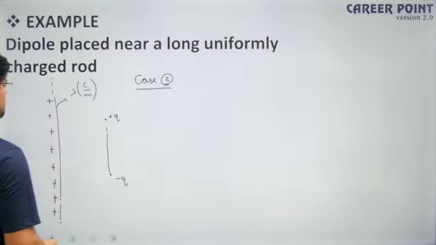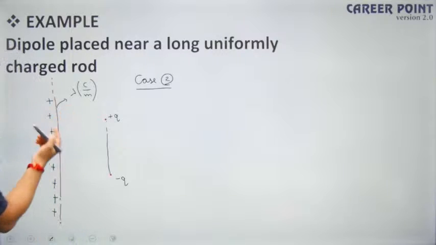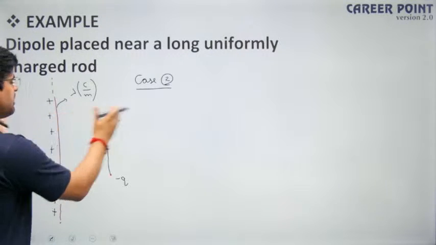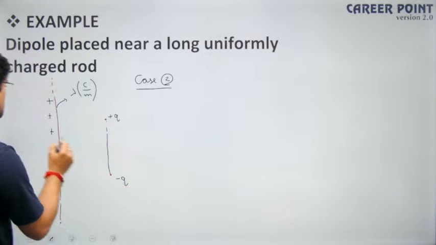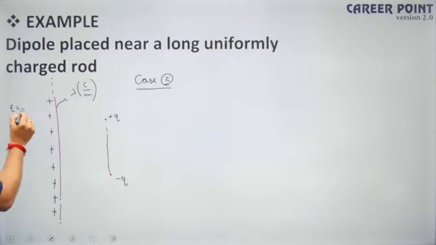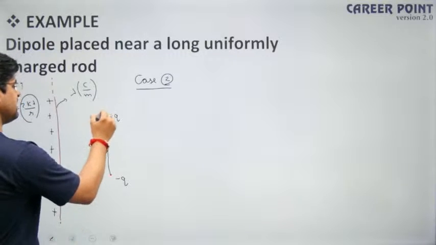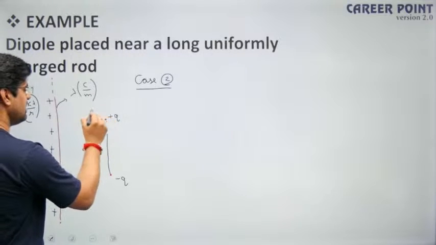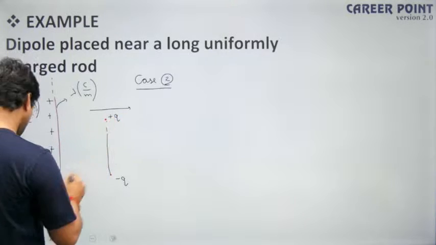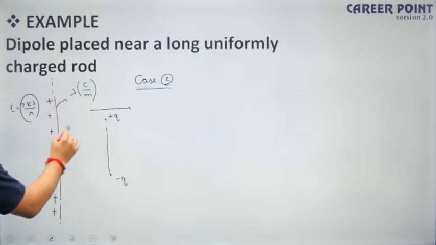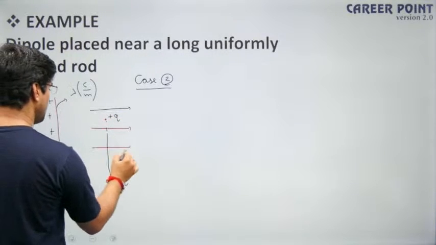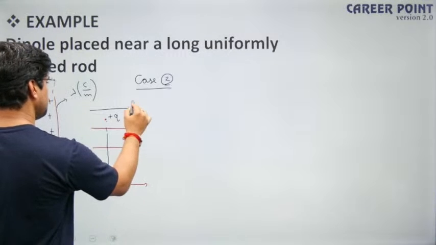And we again know that the electric field due to this is away from the positive charge. The electric field is given by E equals 2k lambda by r. So let's consider the electric field here is E in this direction.